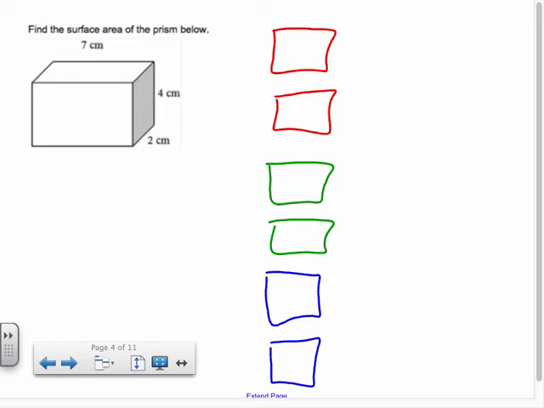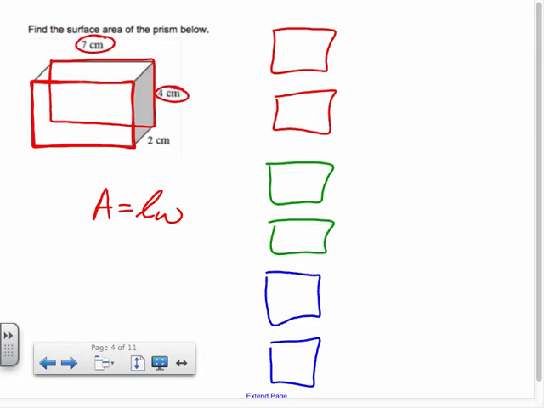We want to systematically use the formula of length times width. So we will start off by finding the area of the front piece. Remember, the front piece is going to be the same as the back piece. The dimensions of this are 7 by 4.